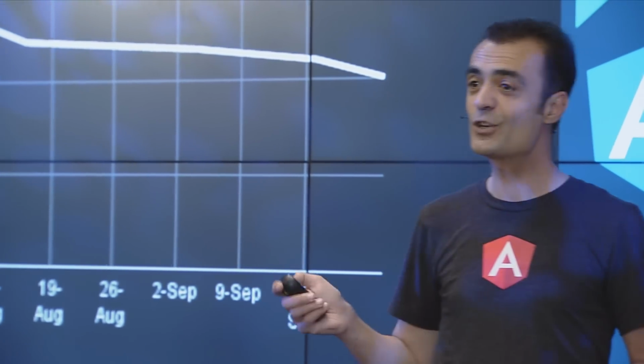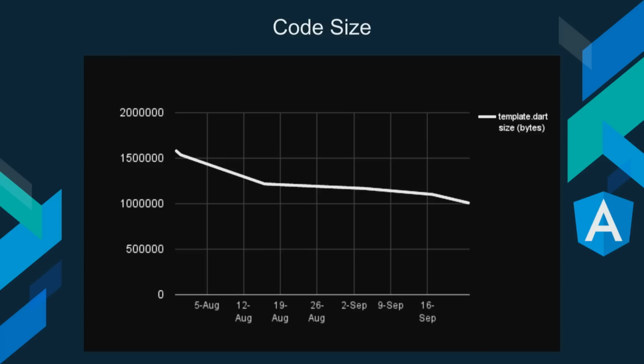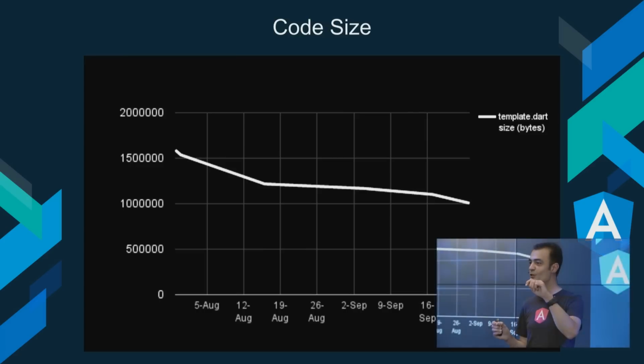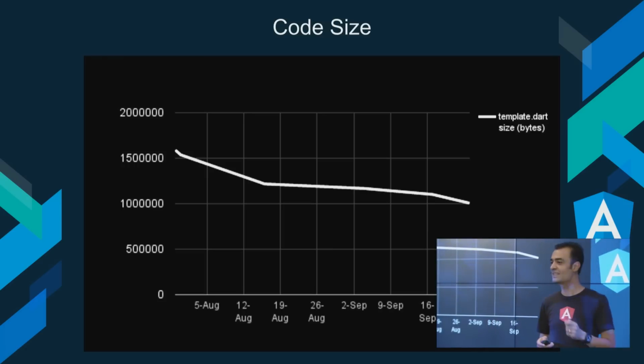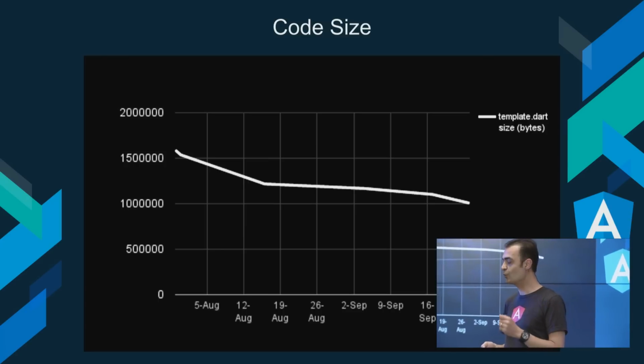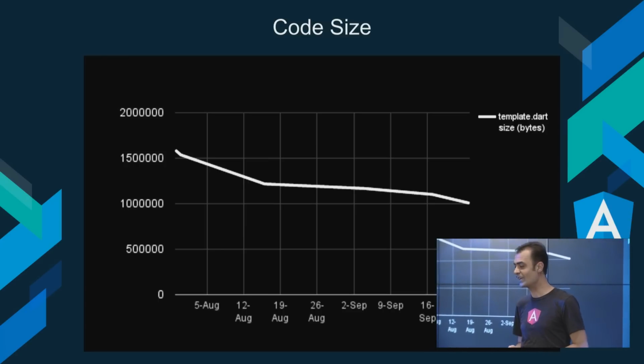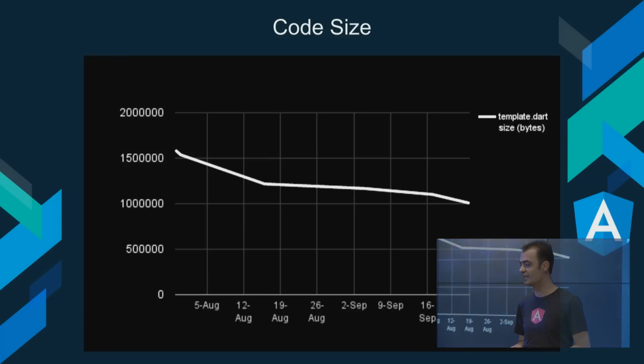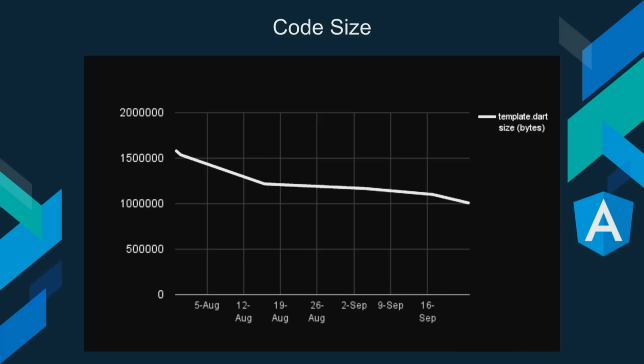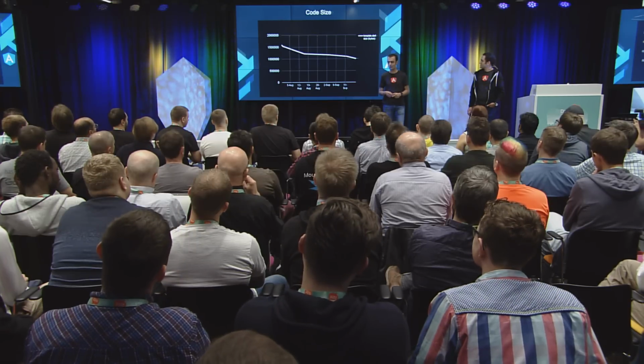So, of course, compiled templates come at a cost, and the cost is code size. We're generating more code. You know, the traditional take an HTML snippet, that string actually compresses really, really well. But now we're generating Dart code. So we've started working hard on this code size issue, and this is a graph from one of our code size benchmarks.